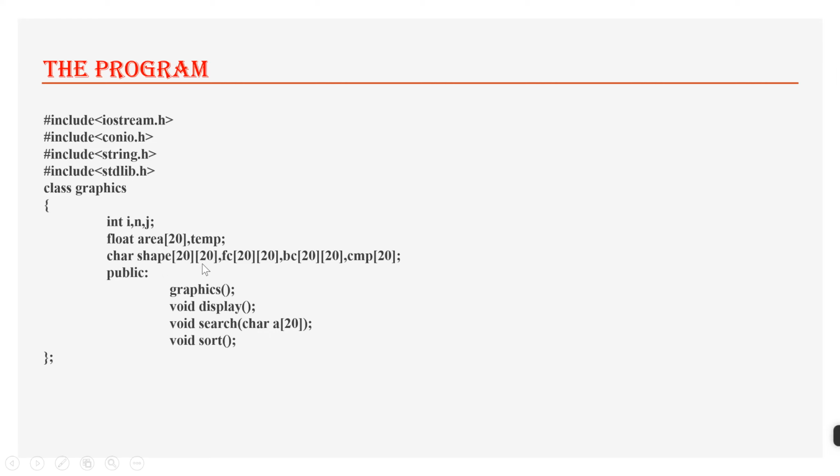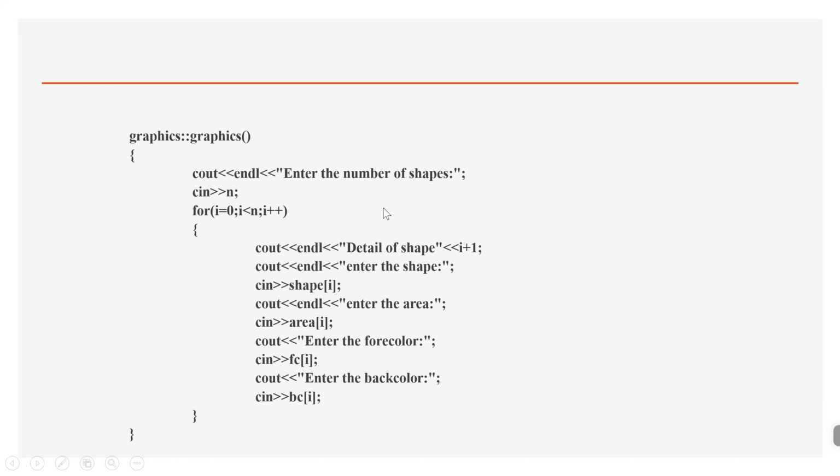I can say a shape like cuboid. Cuboid is one shape. That is one. Say circle could be another shape. That is two. So it's two-dimensional because each shape name is this and the number of shapes is this. That's why it is two-dimensional.